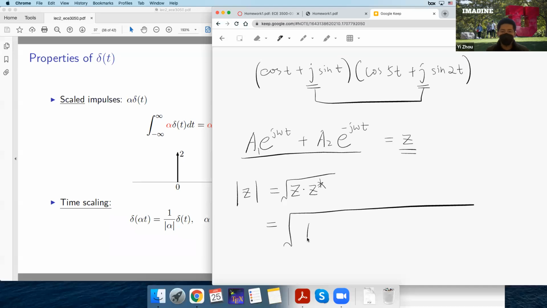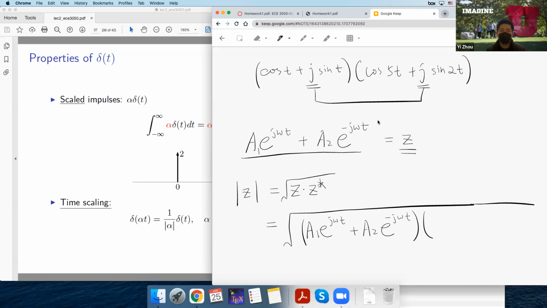Now you are multiplying the conjugate with the complex number z. And for multiplication, we know that polar forms work very well. So this is the first part of z, and its conjugate.